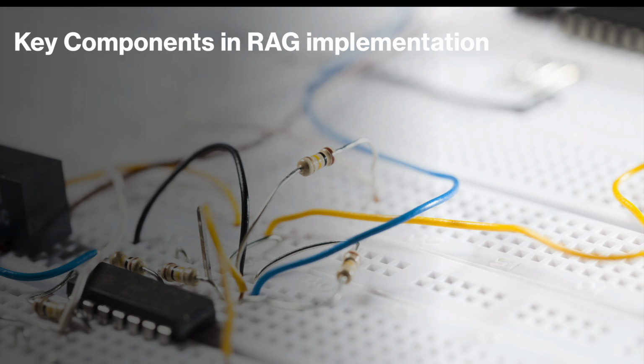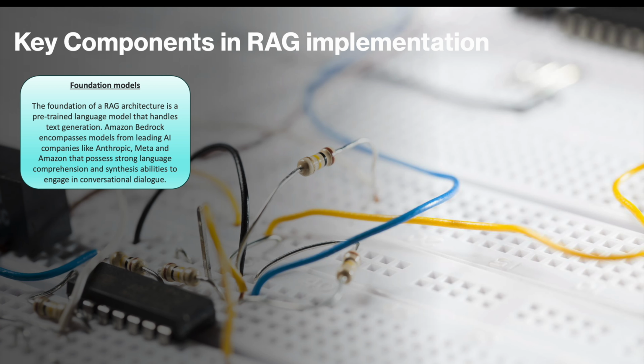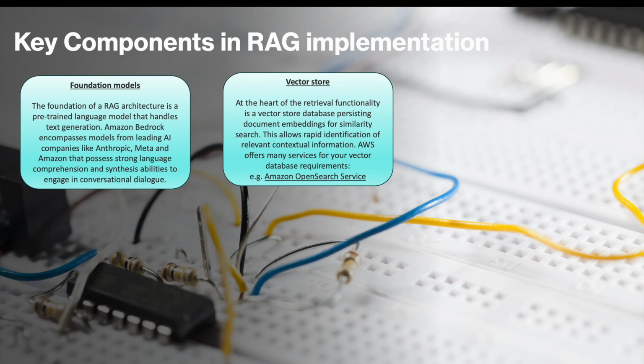Key components in RAG implementation. First, foundation models. The foundation of RAG architecture is a pre-trained language model that handles text generation. As I said, we are going to use Amazon Bedrock, which already encompasses models from the leading AI companies, Meta, Anthropic, Amazon, that possess strong language comprehension and synthesis abilities to engage in conversational dialogue. Second, vector store.